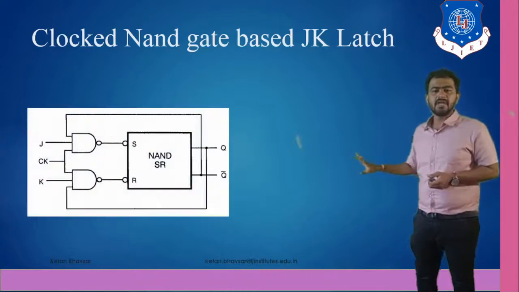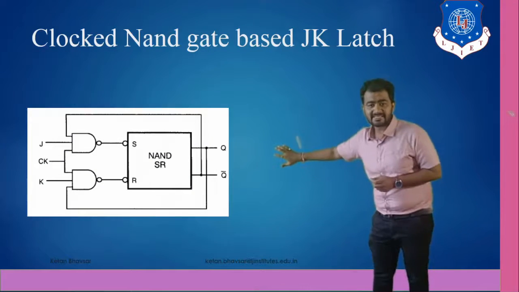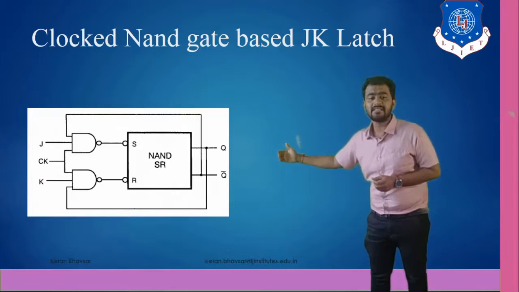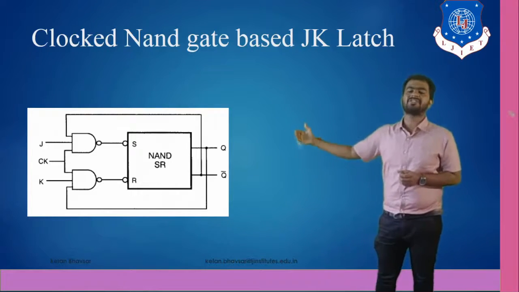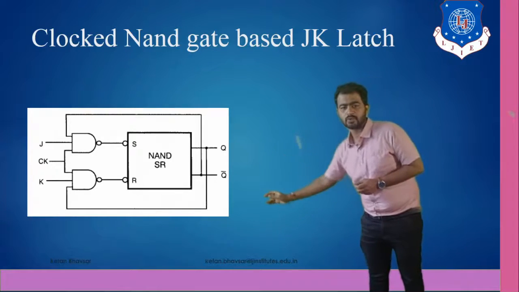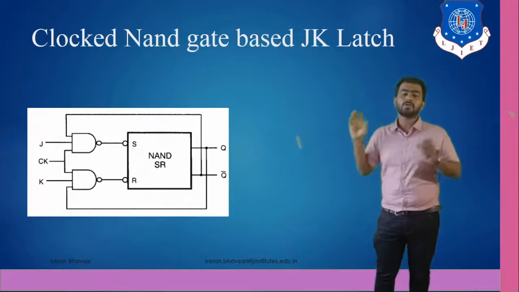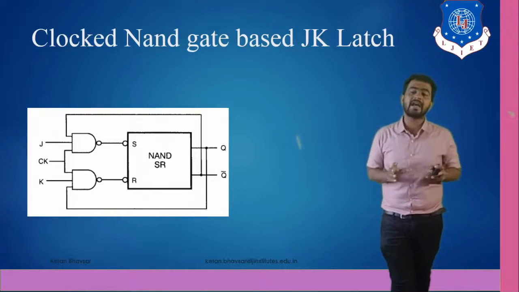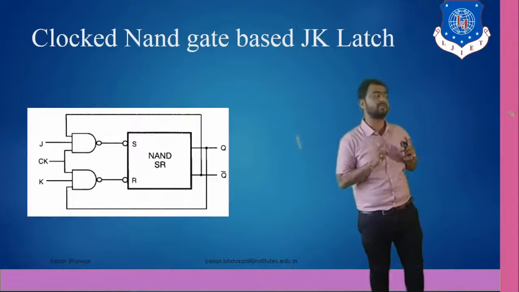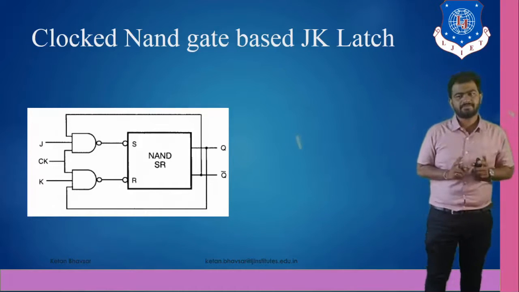As you can see, the circuit remains the same, right? It's a NAND based SR latch, and again it's a NAND gate on both the terminals. But you can see that instead of S and R, I'm writing J and K, and we provide the feedback. The Q feedback goes to the K terminal and the Q bar feedback goes to the J terminal. As you can see, we add a 3 input NAND gate instead of a 2 input NAND gate to solve the not allowed state problem in the SR latch.